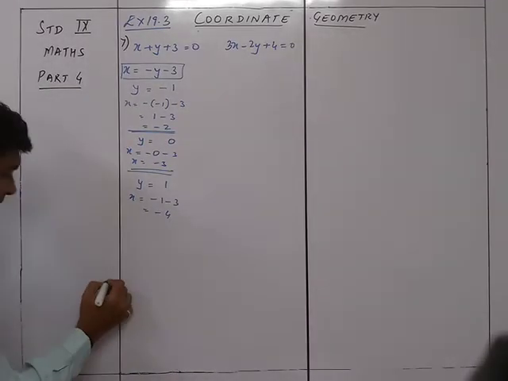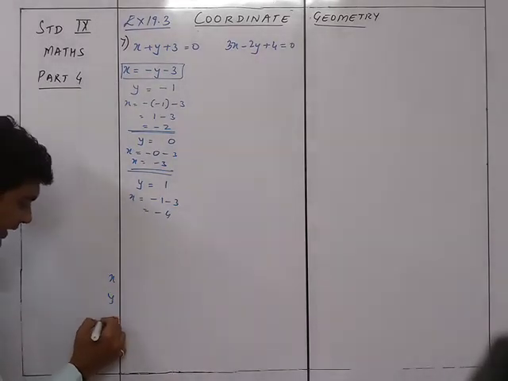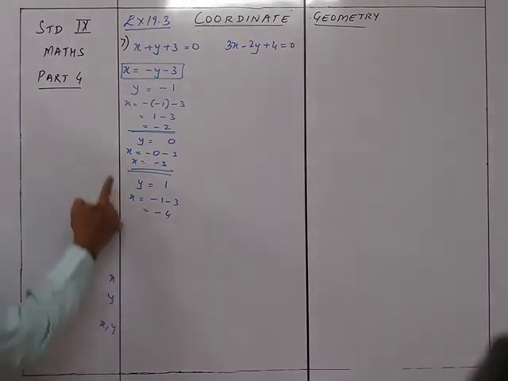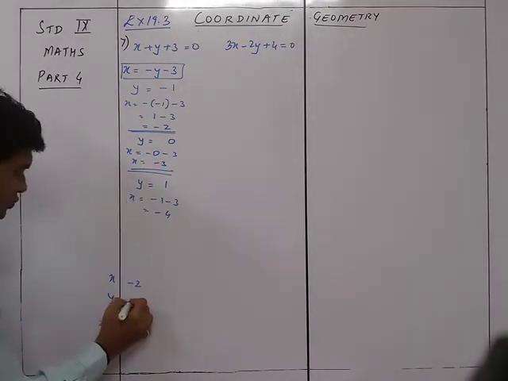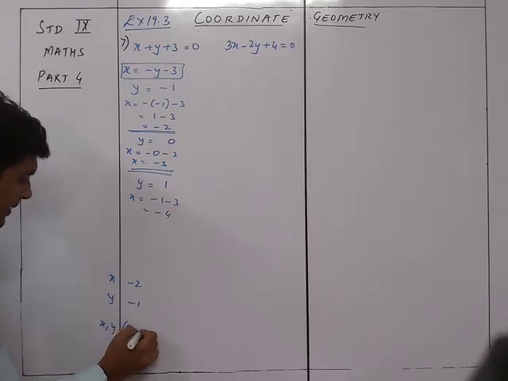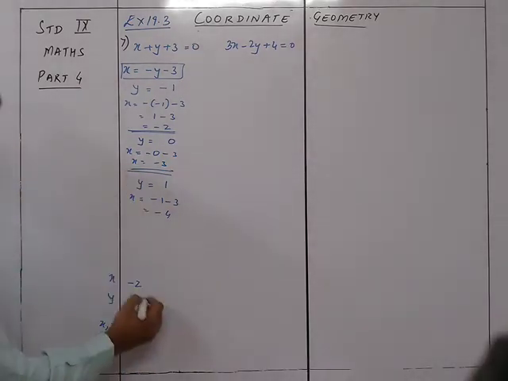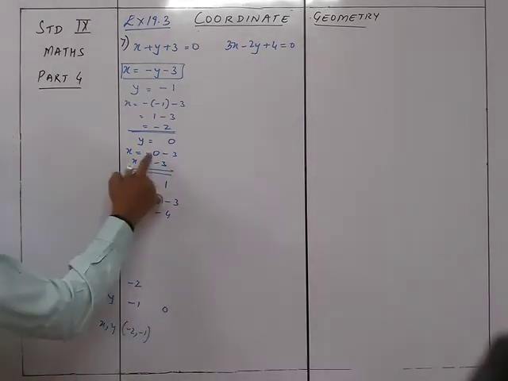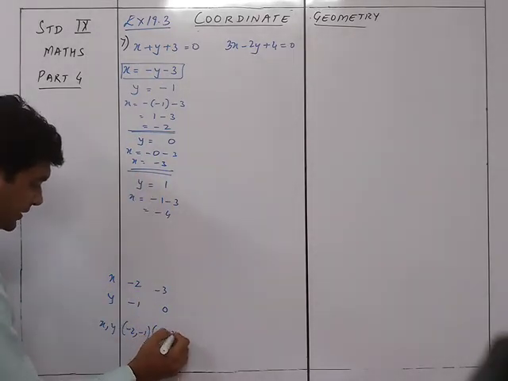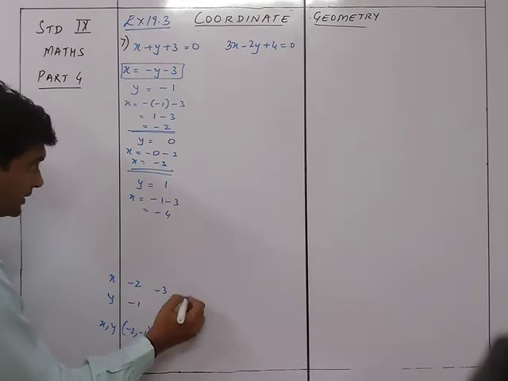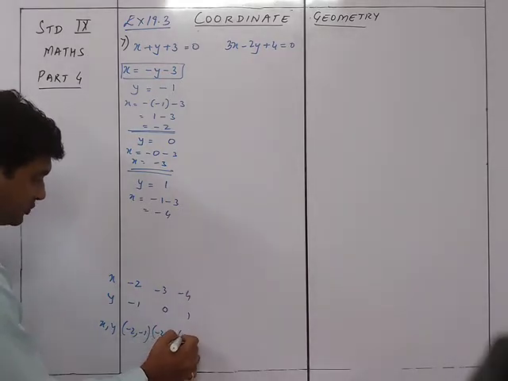So accordingly, we have over here x, y and x comma y. If x is minus 2, y was minus 1, so it is minus 2 comma minus 1. When y was 0, x was minus 3, so it is going to be minus 3 comma 0. And when y was 1, x was minus 4, that is minus 4 comma 1.